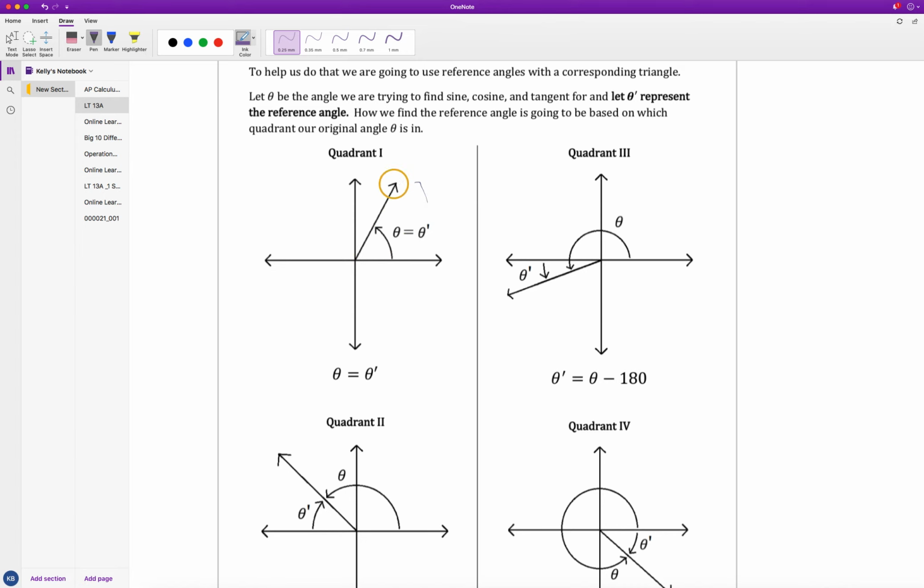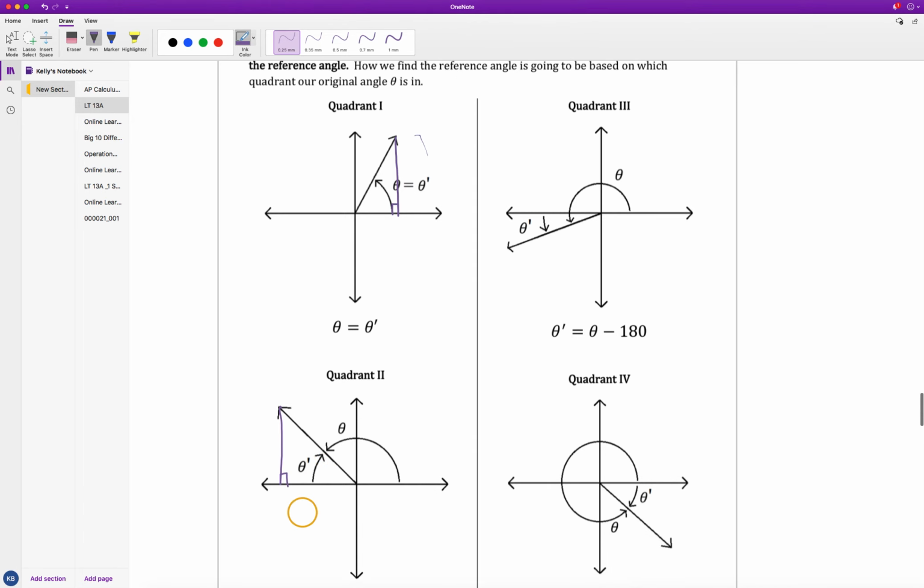So if I draw our right triangle here for reference, remember we drop down to the x-axis, my angle is already the exact angle that I was given in the problem. But in quadrant 2, like we were looking at earlier, when I take this and I draw my perpendicular line down to the x-axis, the angle that we started with, this theta angle, is not actually inside this triangle. So this is where this concept of a reference angle is going to come in handy.